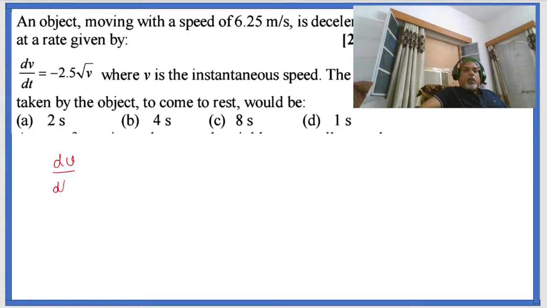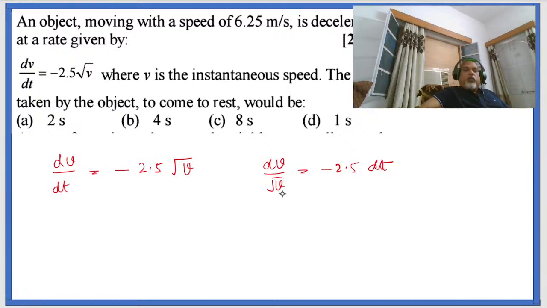dv upon dt is nothing but minus 2.5 root v, correct, or we can write it as dv upon root v equal to minus 2.5 dt. Any problem?